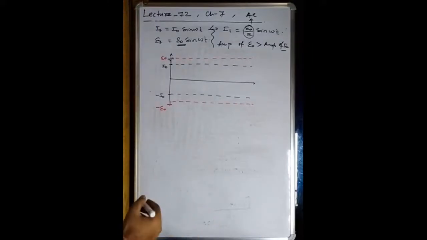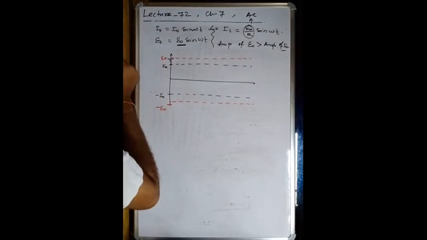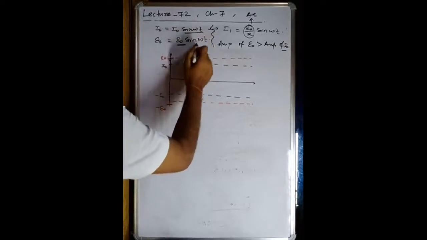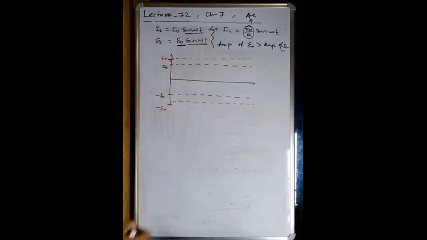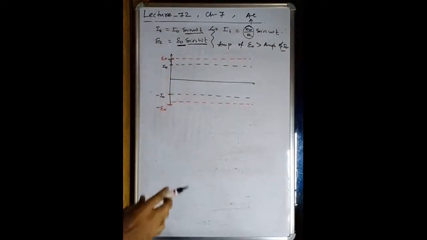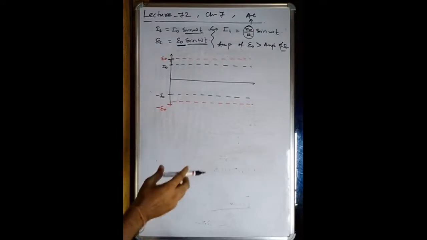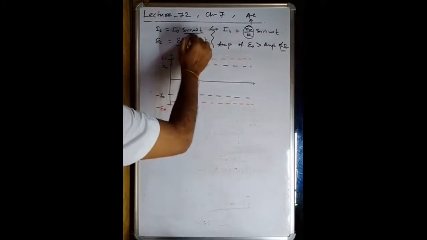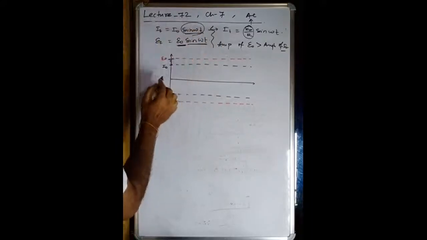But here, the graph of current goes with sine omega t, and the voltage also goes with sine omega t. It means the maximum value of E(t) and I(t) will be at the same angle, and the minimum value and the zero value as well. So this is the graph. Since it is the graph of sine, I am starting from the origin.